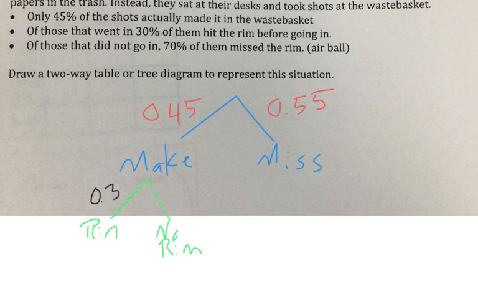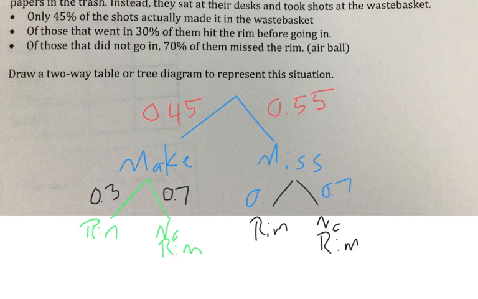So if 30% hit the rim, what percent didn't hit the rim that were a make? 70. For the miss, what could happen? You could hit the rim or no rim. It says the ones that didn't go in, 70% of them missed the rim. So we know 70% were no rim. How many hit the rim? 30%. That's the tree diagram.